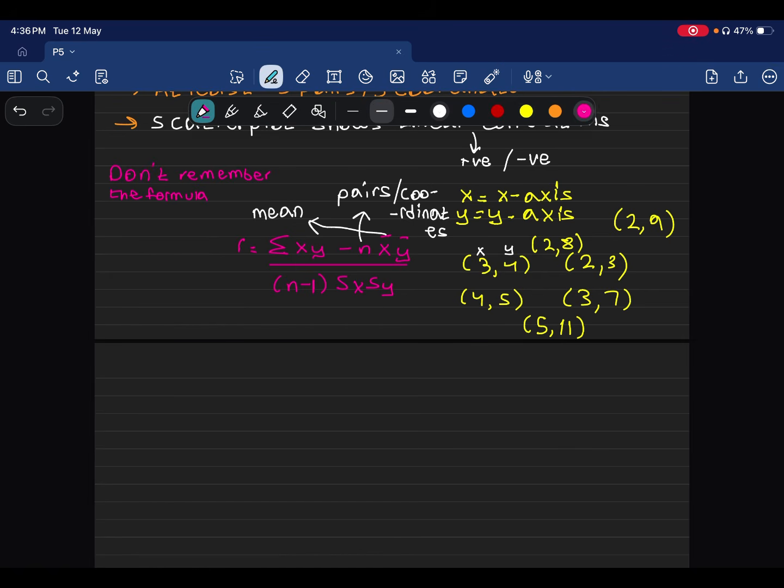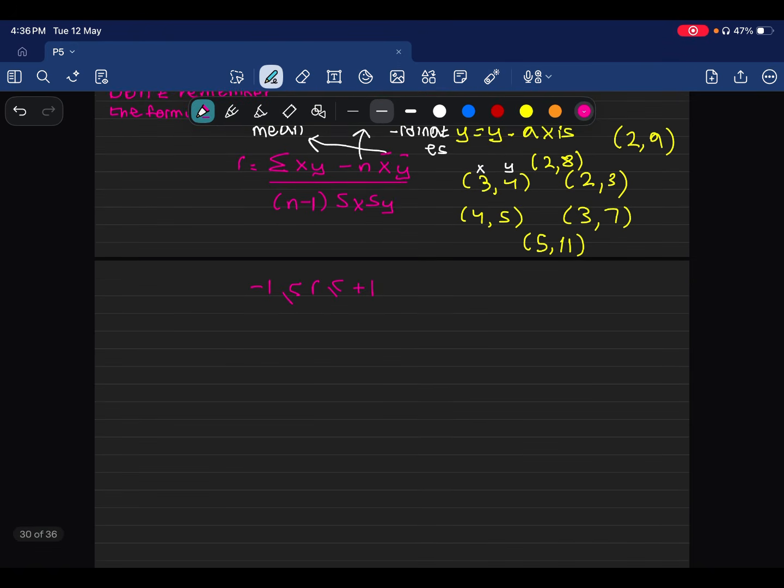Now, here's the important part. The R value is less than or equal to 1. So it basically has a range. It can be maximum positive 1 or minimum negative 1. So basically, it ranges from -1 to 1, and -1 and 1 are included. What is this telling us?